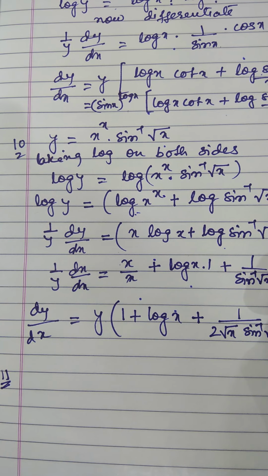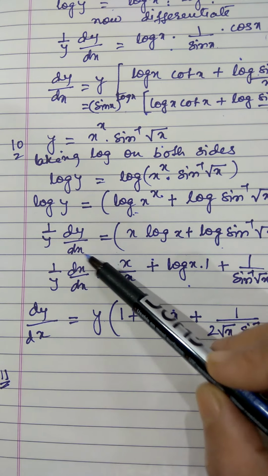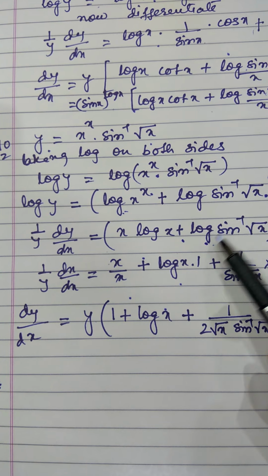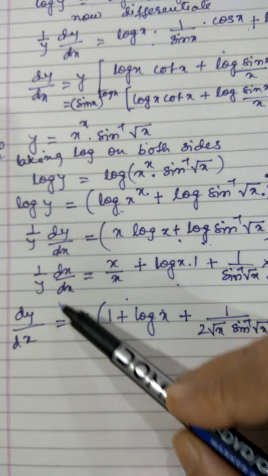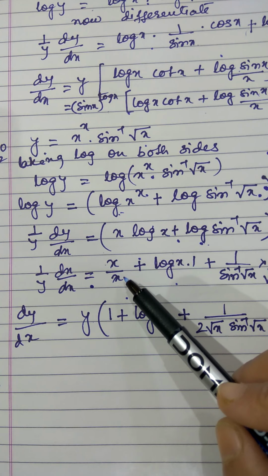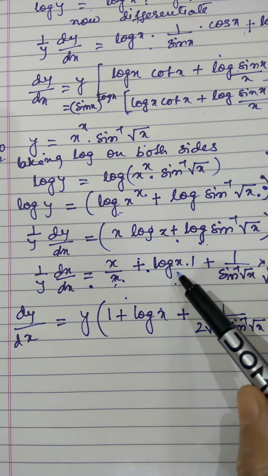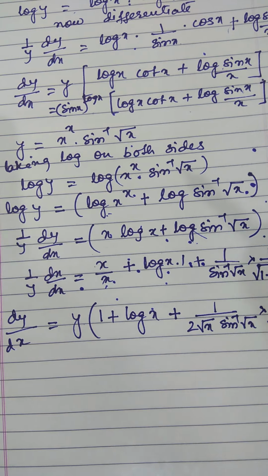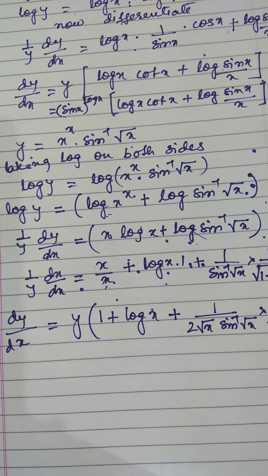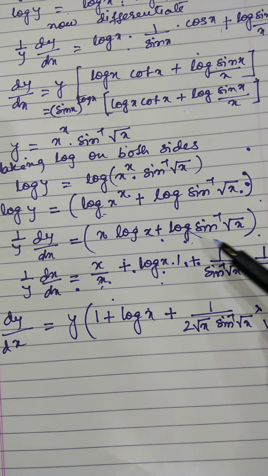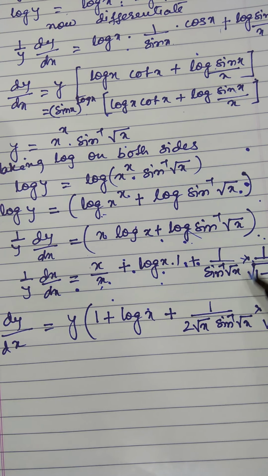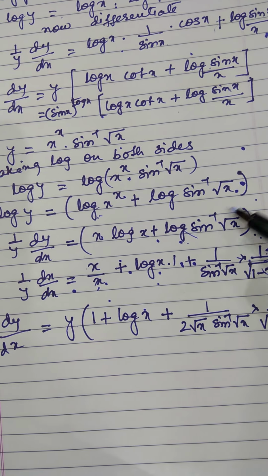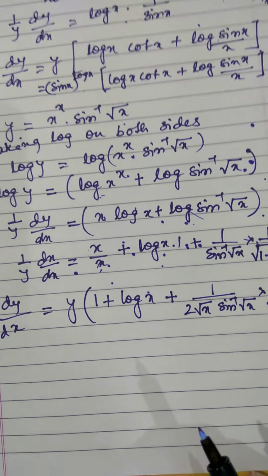And now differentiate. 1 upon y dy by dx is equal to x log x plus log sine inverse root x. 1 upon y dy by dx is first function into derivative of second, that is x upon x, which is 1, plus second function into derivative of first, log x plus log sine inverse root x, whose derivative is 1 upon sine inverse root x into the derivative of sine inverse root x, that is 1 upon root 1 minus x square, root x square is x, into the derivative of root x, that is 1 upon 2 root x.